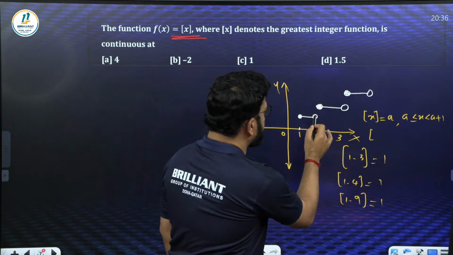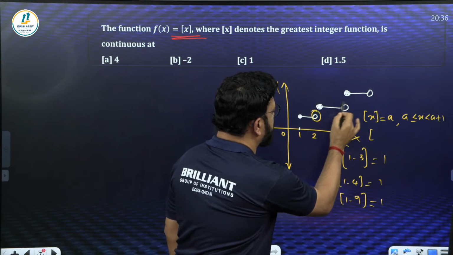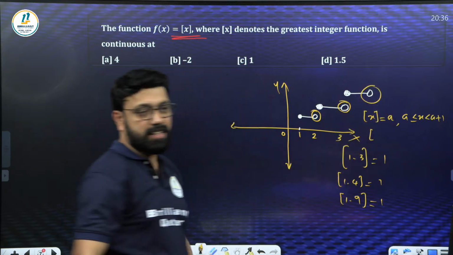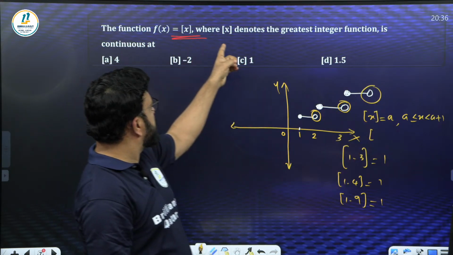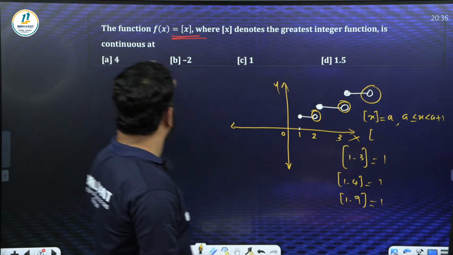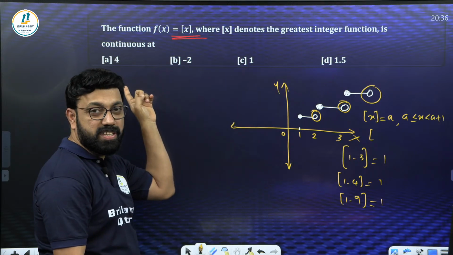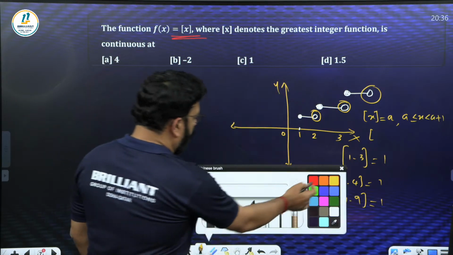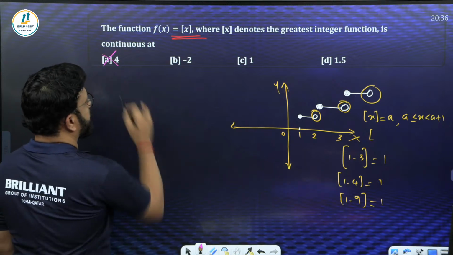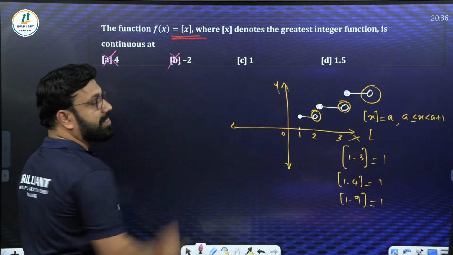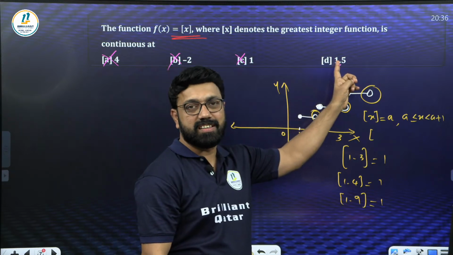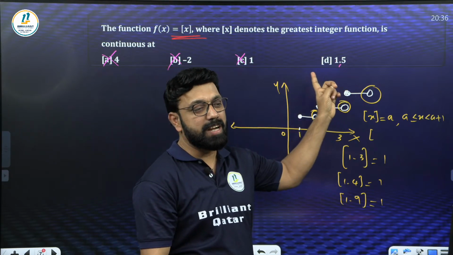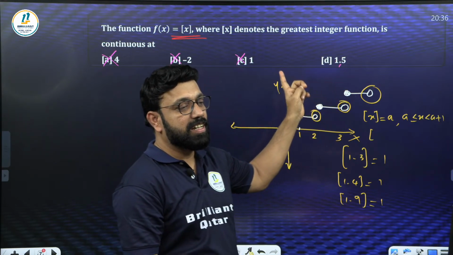That means the greatest integer function is discontinuous at every integral point. Then, is the function f of x continuous at 4? No, 4 is an integer. Minus 2 is an integer. 1 is an integer. 1.5 is not. Getting the answer, the odd one. 1.5 is there. Okay.